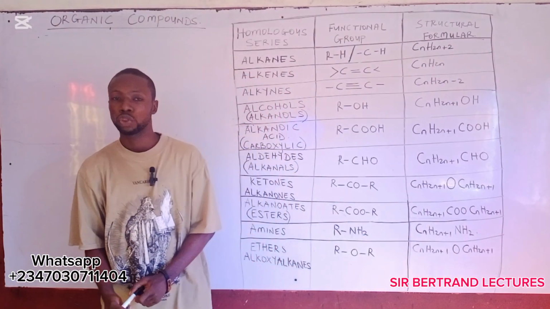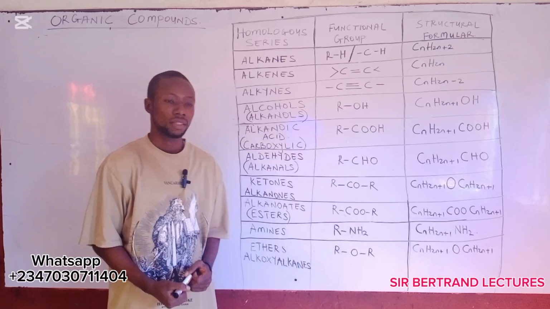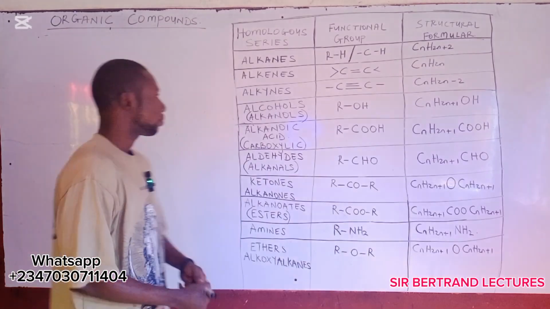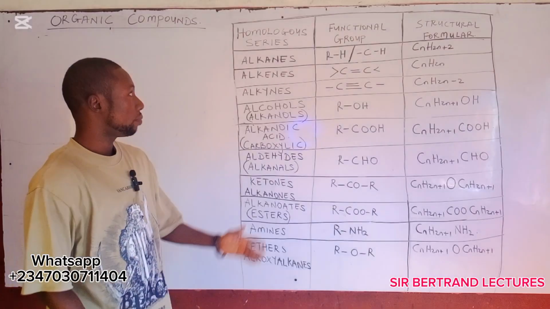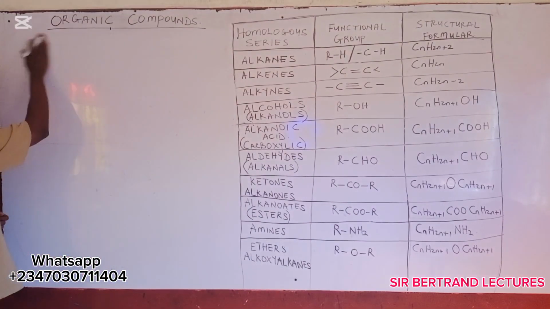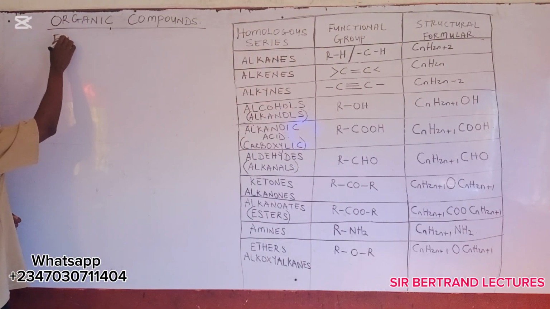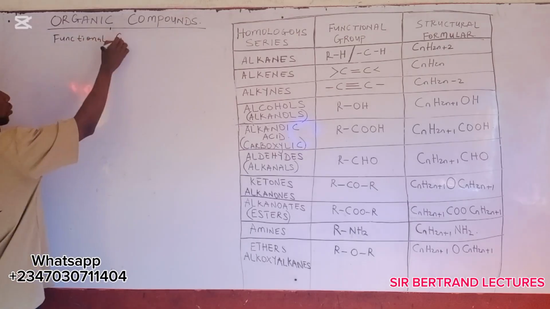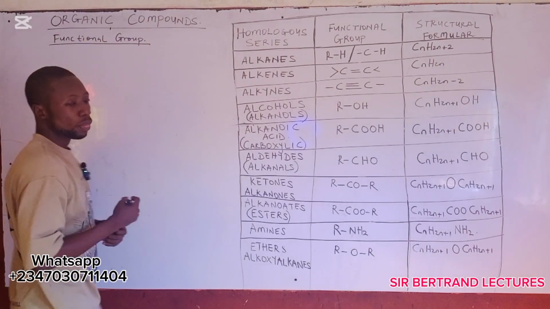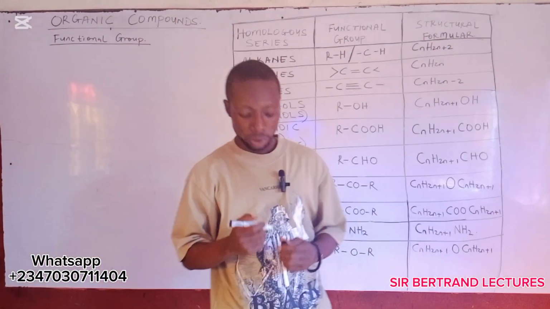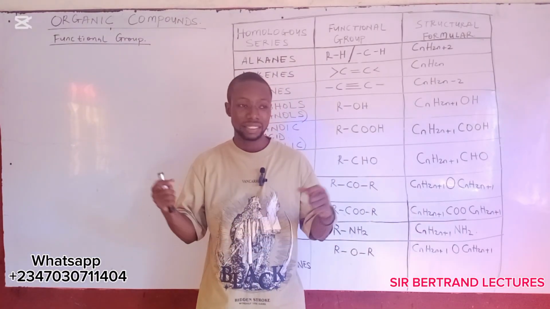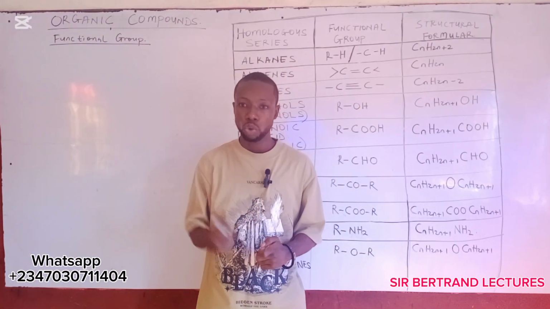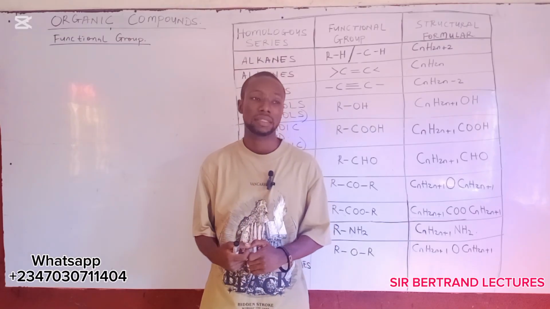Let's look at different functional groups of organic compounds. First of all, what is a functional group? A functional group is the group of atoms that possess the same physicochemical properties.